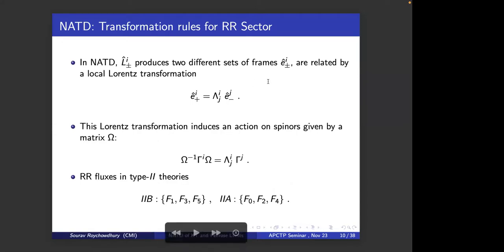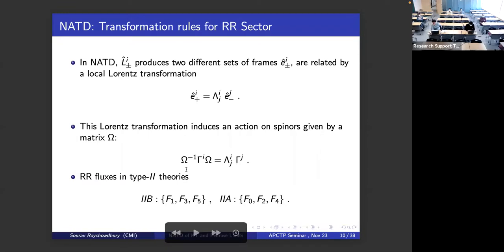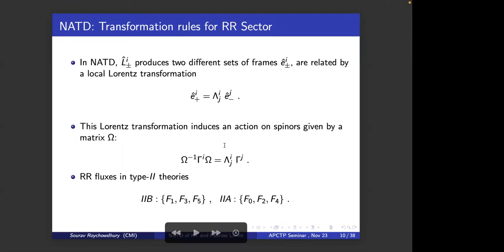Okay. So now this Lorentz transformation induces an action on the spinors, because we know that in the RR sector, we express the fluxes in one-to-one correspondence with the Clifford algebra, meaning with the gamma matrices. Now, this Lorentz transformation acts on the gamma matrices following this expression, where Ω is the spinorial representation of the Lorentz matrix.